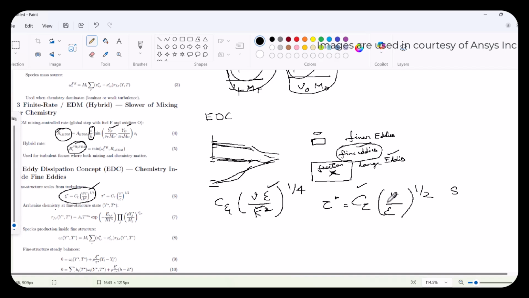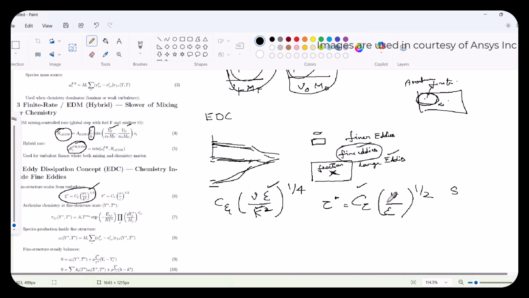Now if you take this cell and assume this is the area, I cannot say whether it is the left side or right side or any side, it can be any side. So in that single cell, a specific fraction, where there is a fine eddy, in that area we'll have Arrhenius rates, that is finite rate chemistry.